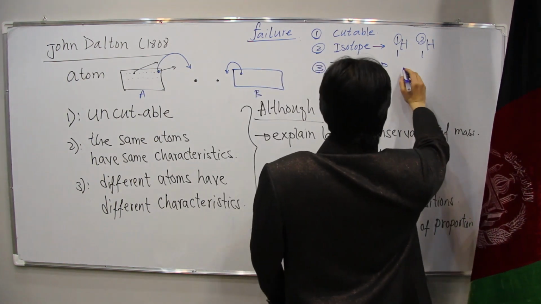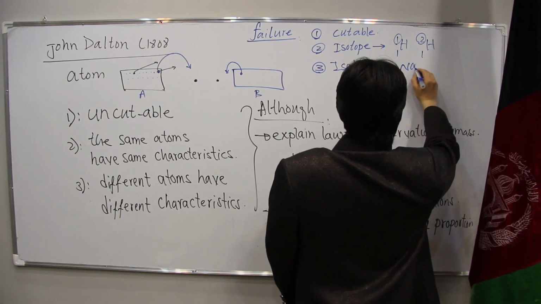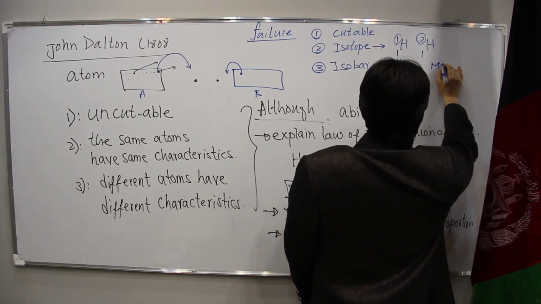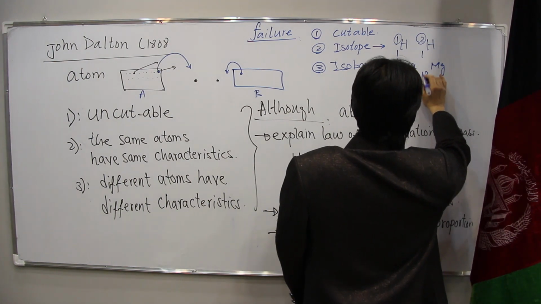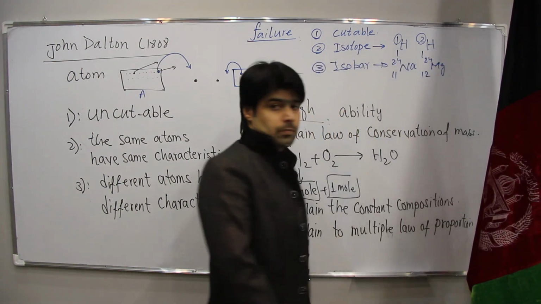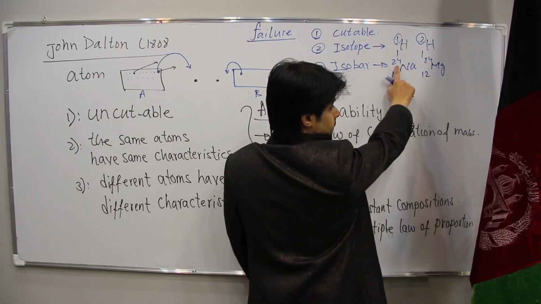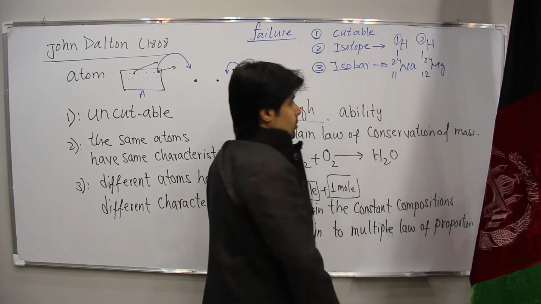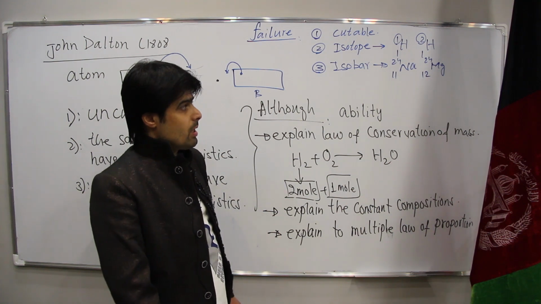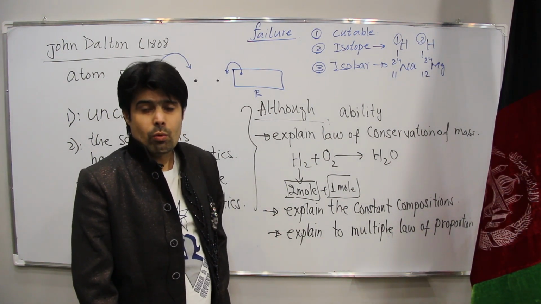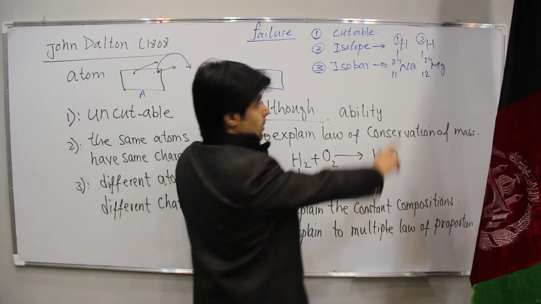For example, we can find sodium 11,24 and also magnesium 12,24. Maybe in the periodic table you see that sodium is 11,23, but we have one isotope of sodium which is 24.